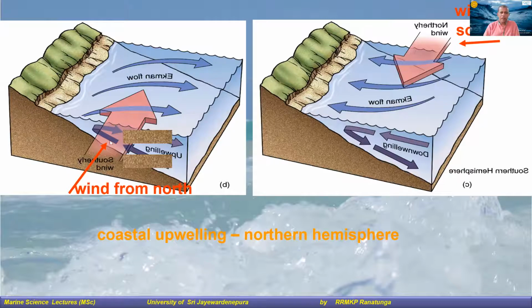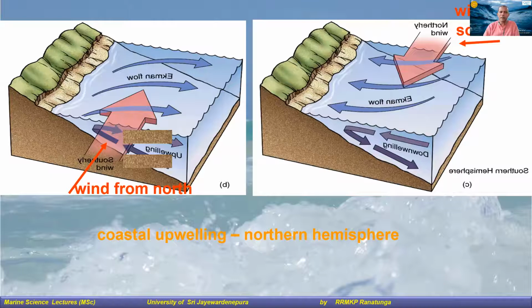So in the northern hemisphere, if the wind is blowing from the north, we know that in the northern hemisphere, due to the Coriolis effect, the surface water will be moved away from the beach, resulting in upwelling in this case.